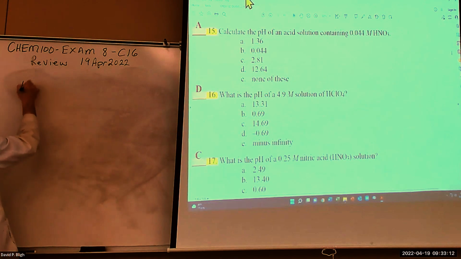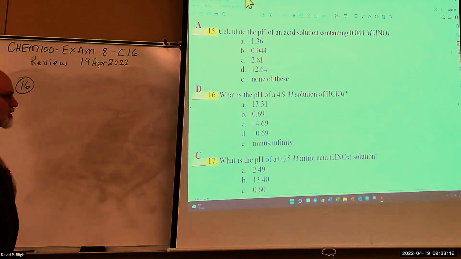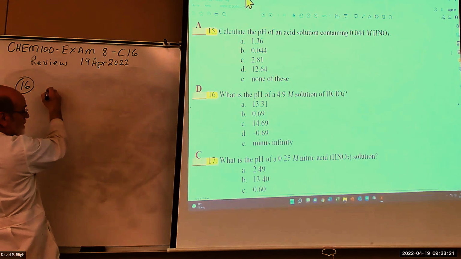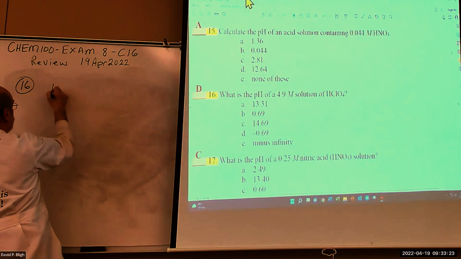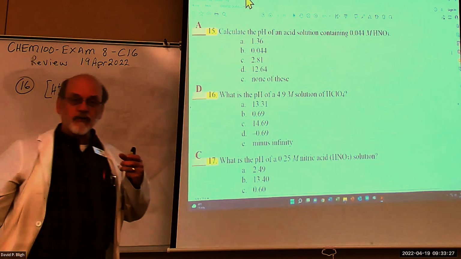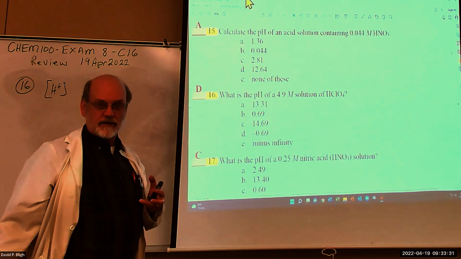16. What's the pH of 4.9 molar solution of HClO4? Let's see. Hydrogen ion concentration. HClO4 is perchloric acid. It is very strong.